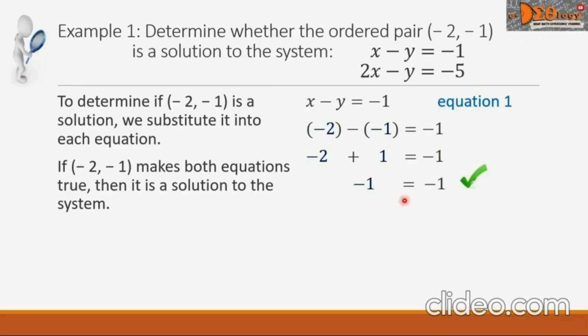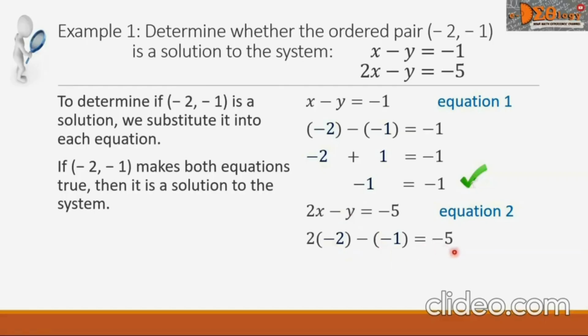Let's take the second equation, 2x minus y equals -5. Substituting the values respectively, we have now 2 times x becomes -2, then minus y is now -1, and the right side is -5.